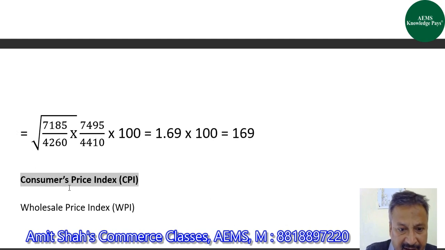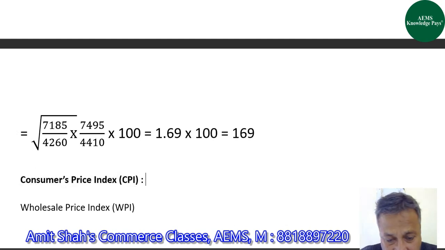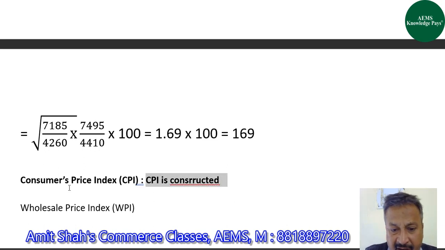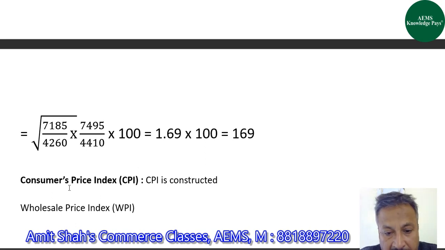Consumer price index, guys, is made for three types of workers separately. These three types of workers are industrial workers, then non-industrial urban workers, and then rural workers.